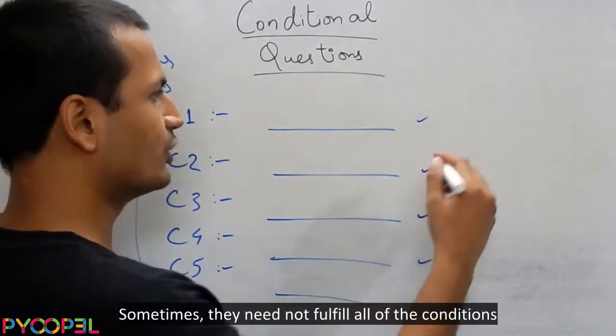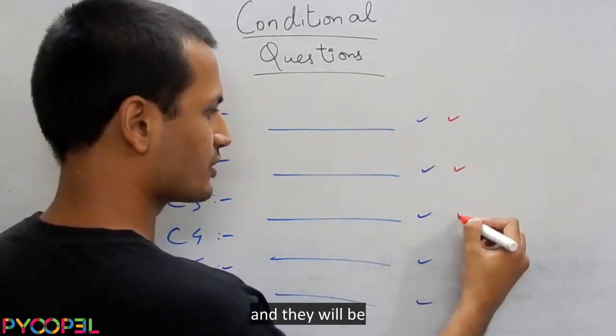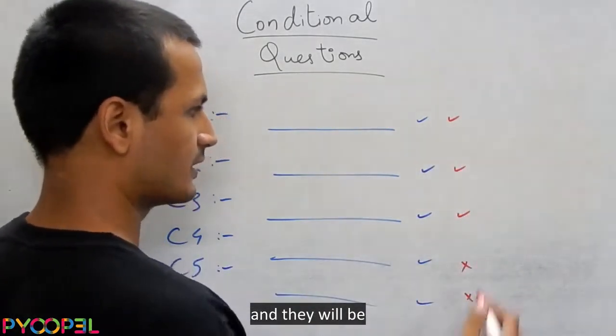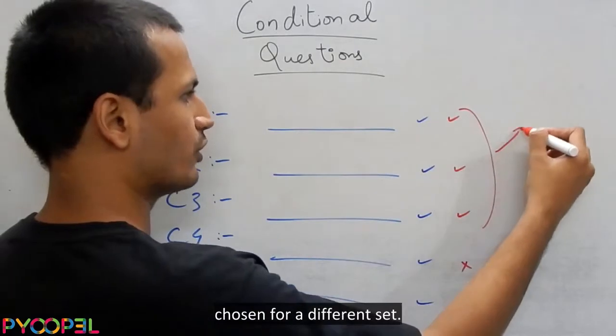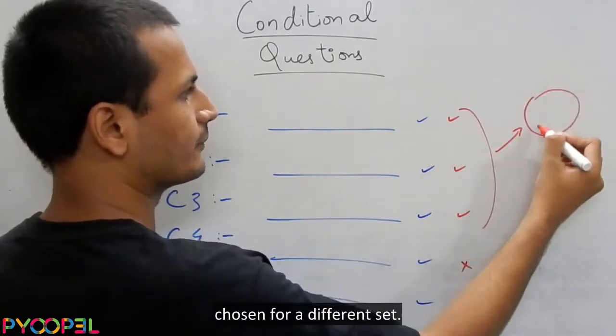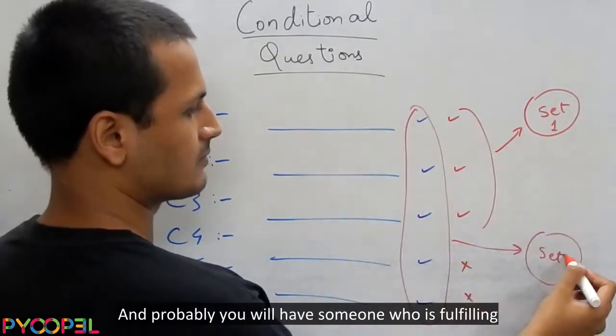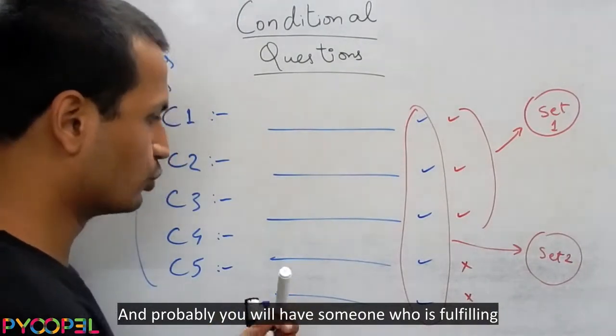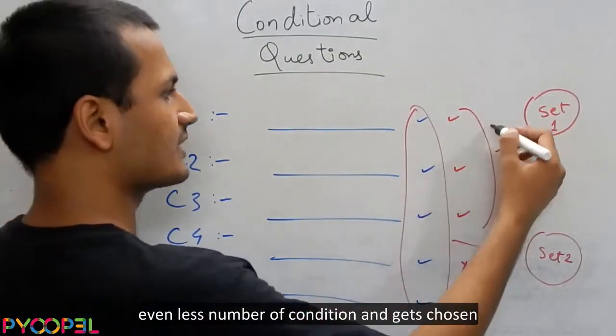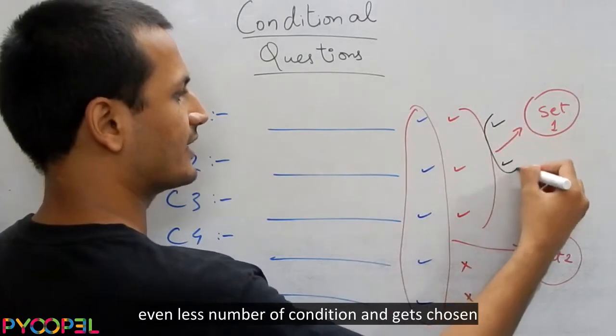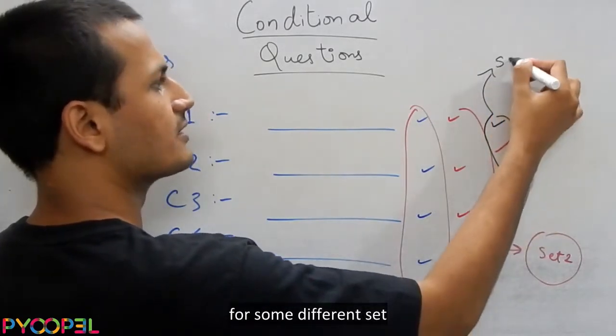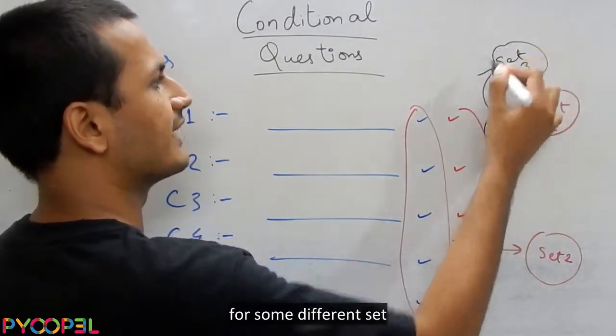Sometimes they need not fulfill all of the conditions and they will be chosen for a different set, and probably you will have someone who's fulfilling even less number of conditions and gets chosen for some different set.